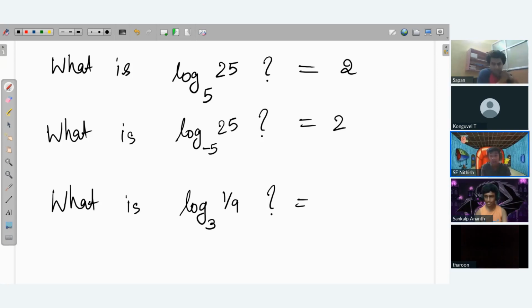No, it's not even a fraction. 3 should be raised to which power to get 1 by 9? Basically, what we are asking is: what should I place in place of x to get 1 by 9?